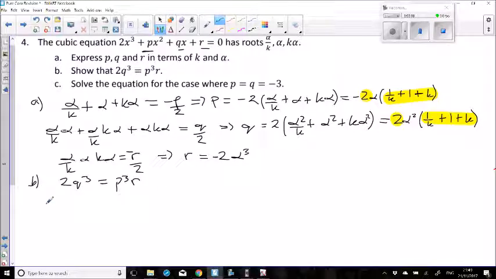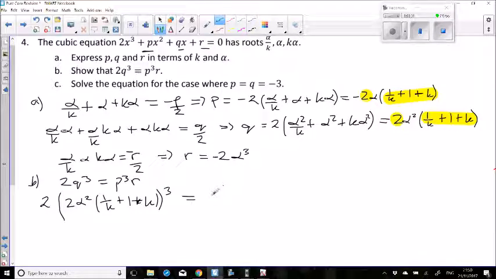So q cubed, okay, let's substitute in a bit. So we want 2 times, now q is 2 alpha squared times 1 over k plus 1 plus, oops, k, all cubed. That's q.